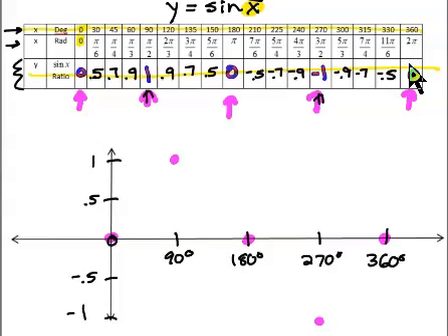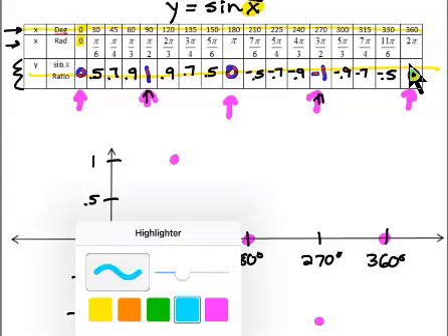Those are some nice points to remember, because when we do our transformations, we're going to look at those basic points. So notice it kind of starts in the middle, ends in the middle. The middle is the middle. And then it's going to go up from there. From the beginning, it's going to go up and down.